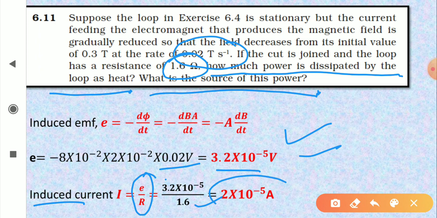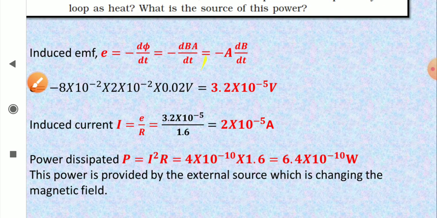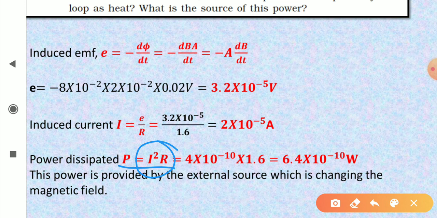So, you get 2 into 10 to the power minus 5 ampere. So, induced current is this much, and then the power dissipated is I square R. So, the value of I square is 4 into 10 to the power minus 10, and R is 1.6. You get 6.4 into 10 to the power minus 10 watt.